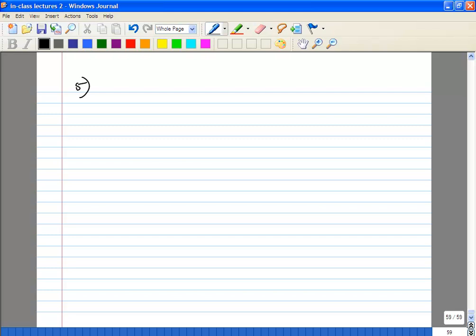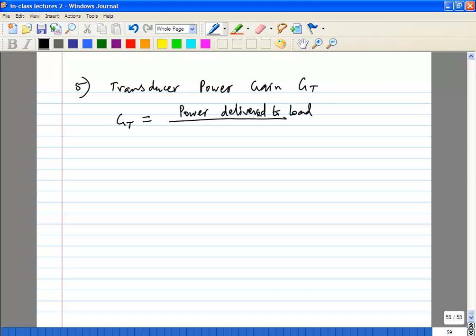Now for any 2 port, you can also define what is called transducer power gain, which is called GT. GT is defined as power delivered to the load over, actually, the maximum power available from the source.